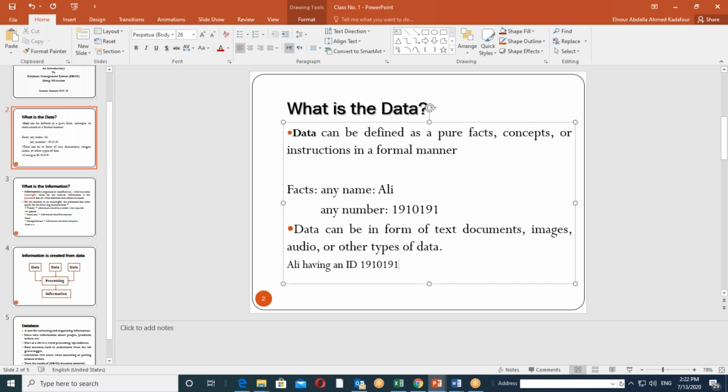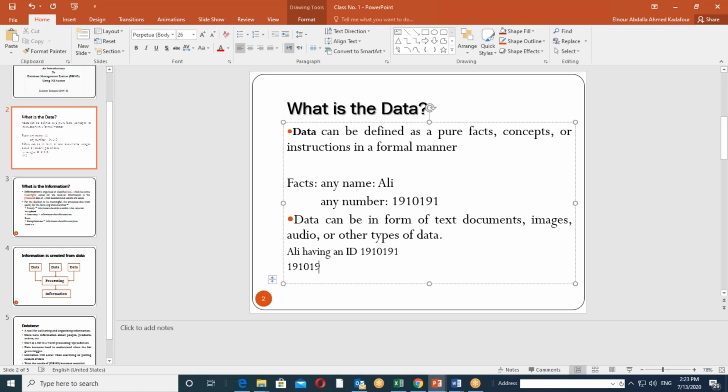Ali having UOB ID 1910191, or 1910191 is a UOB ID for whom? For Ali. Again, this is information. So we transform, we process the data into information in such a way. Got it?